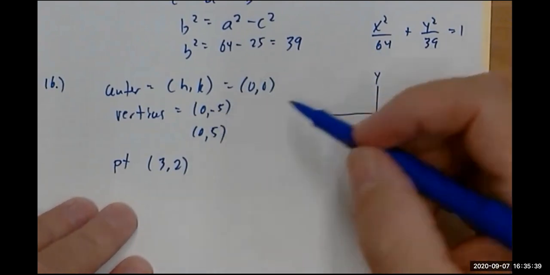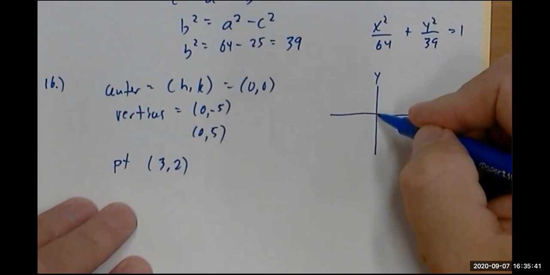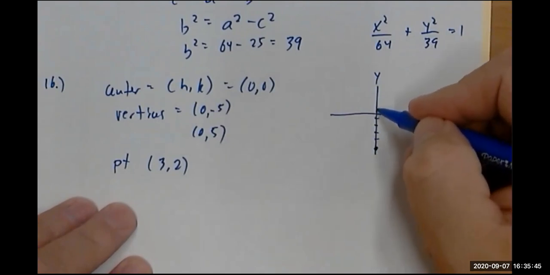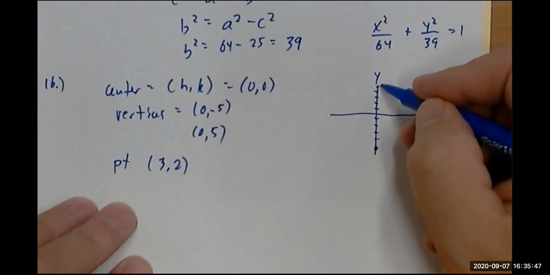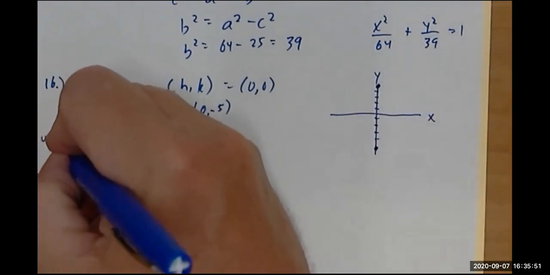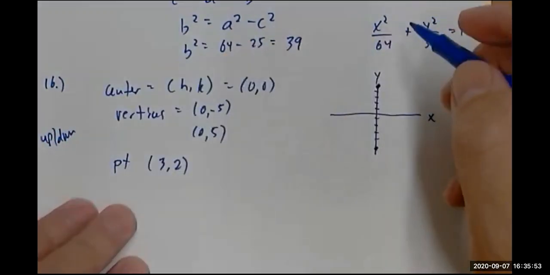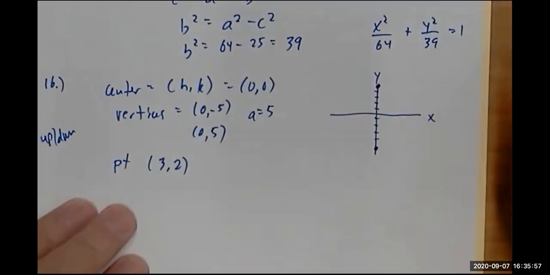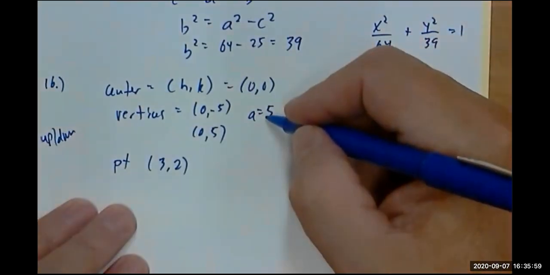The vertices are 0, negative 5, and 5. So obviously, up or down ellipse, a is 5. I don't know b.